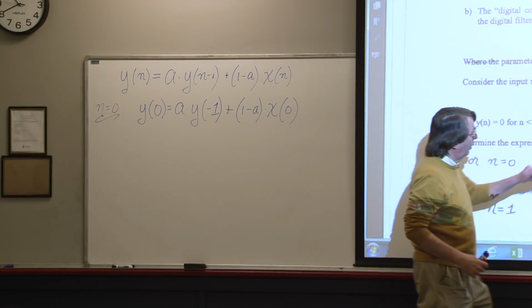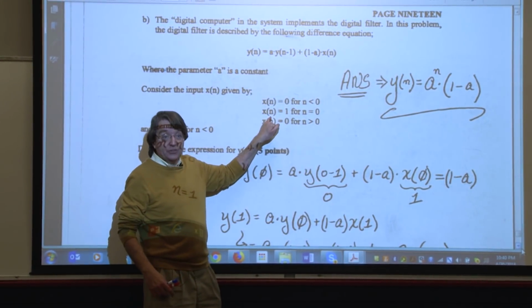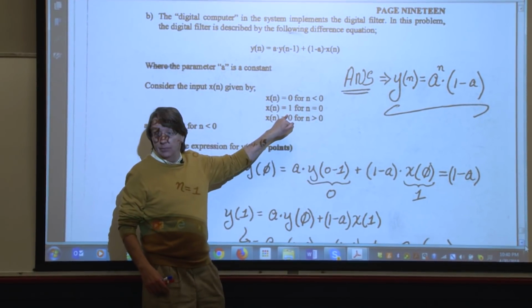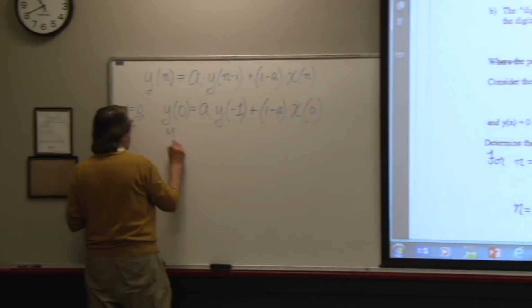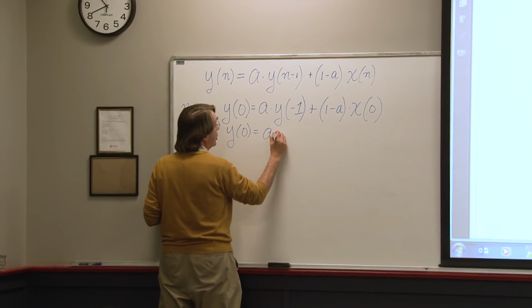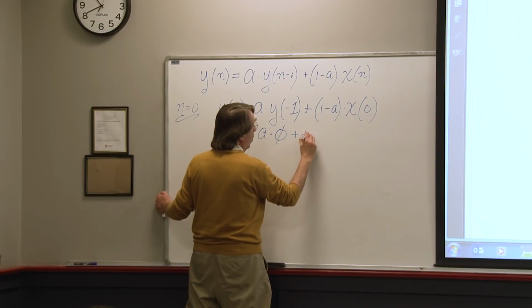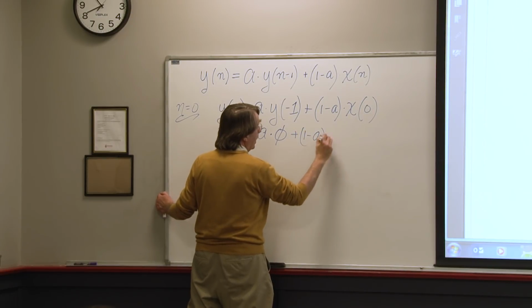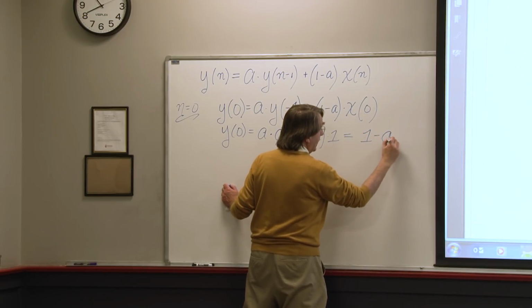When n equals 0, x is 1. So y of 0 equals a times 0 plus 1 minus a times 1, which is 1 minus a.